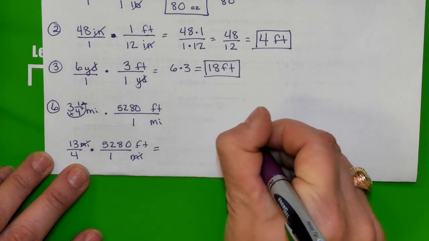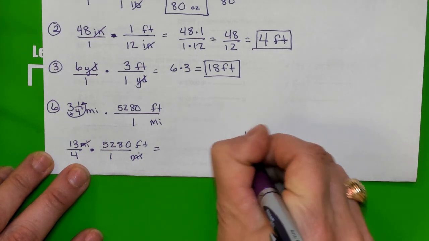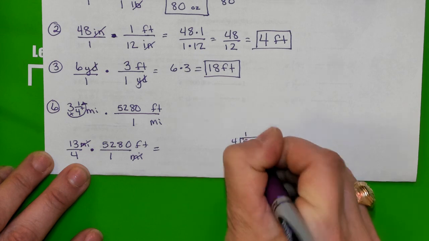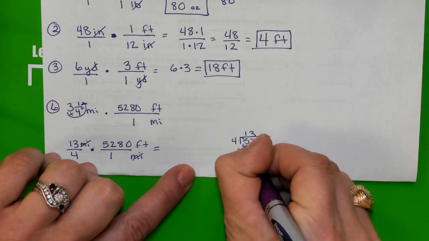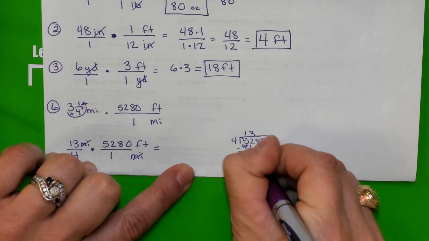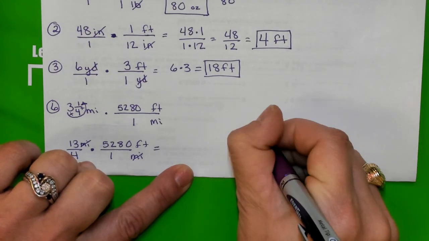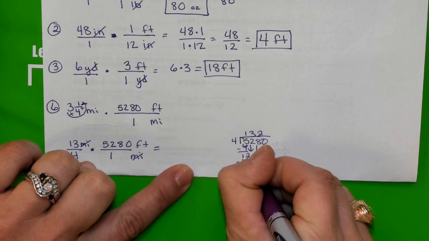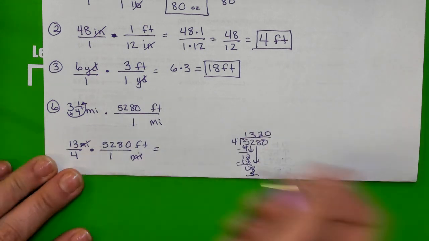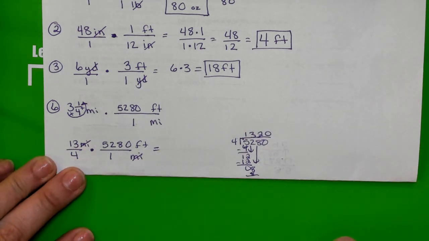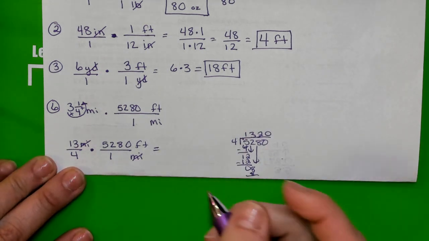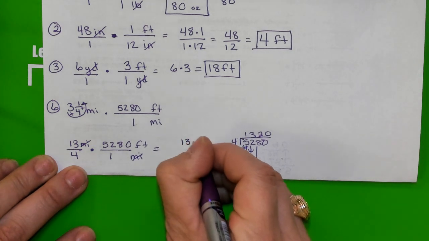Divide by 4, so you're working with smaller numbers. So we have 1,320 times 13.